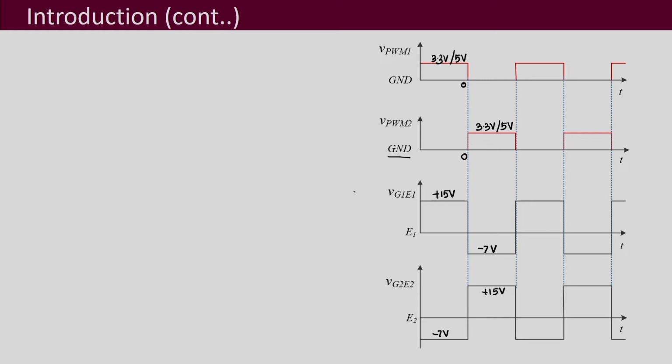But if we would have plotted this as your VG1N, capital N, and here VG2N, with respect to the reference bus N, the common reference bus, the negative bus N, there this would have gone from plus 15 volt plus VDC, and this would have remained at minus 7 volt, whereas for VG2N it remains the same.